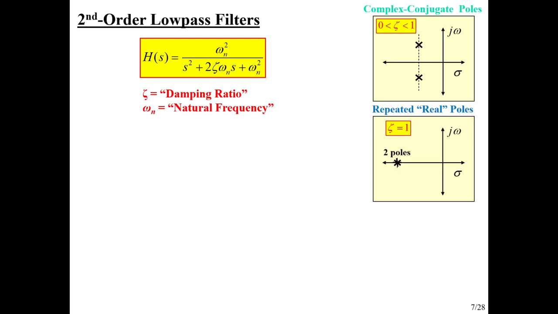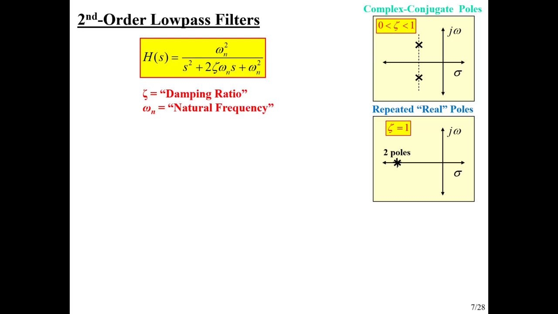If zeta is equal to 1, then it will turn out that we have 2 real poles that are exactly the same number, right? So yes, a polynomial has to have 2 roots. And so if it's like, s plus 1,000 squared, then that has 2 roots at negative 1,000.